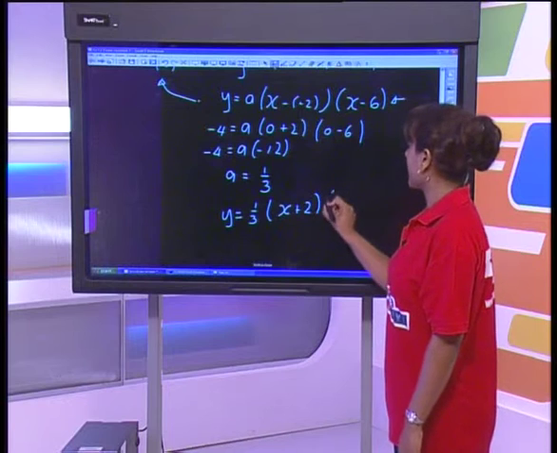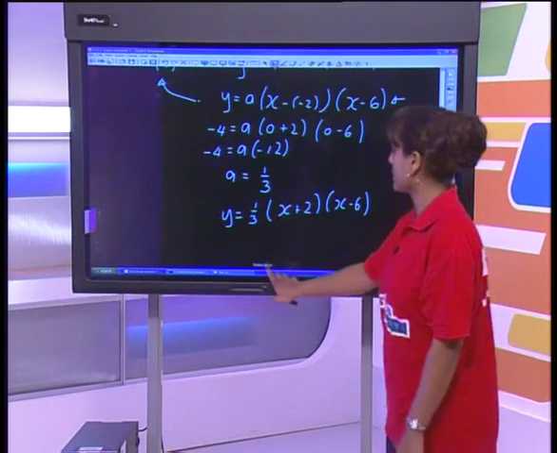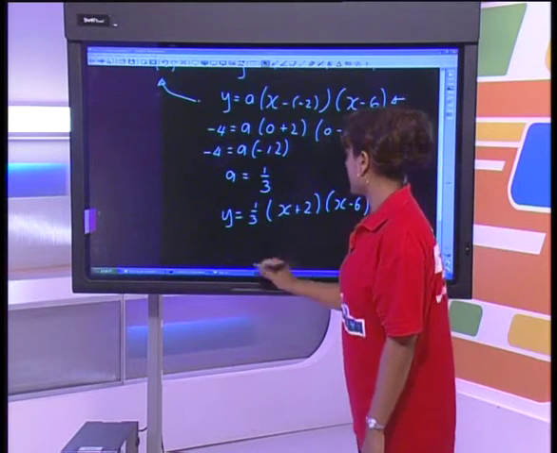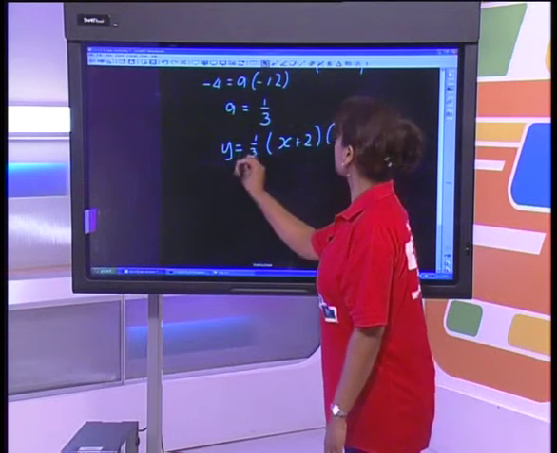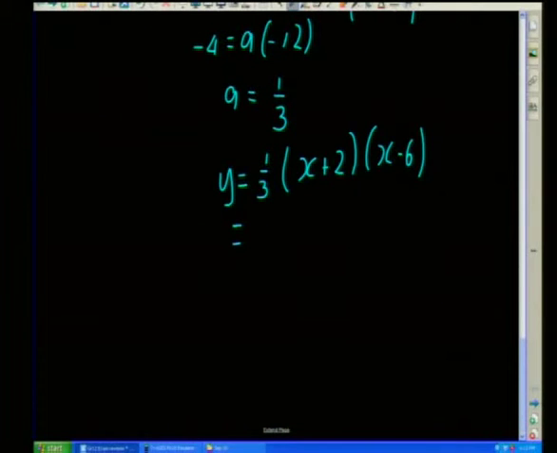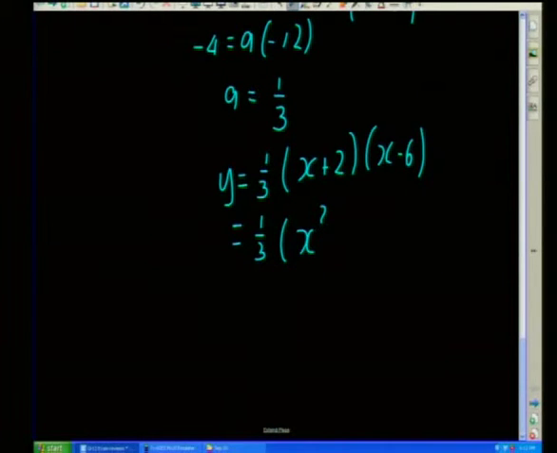And then we've got x minus 6. Okay, and let's just multiply that out. Okay, there we go. And I'm going to need a pen. So we get a third into x squared, and all I'm doing is just multiplying that bracket out.